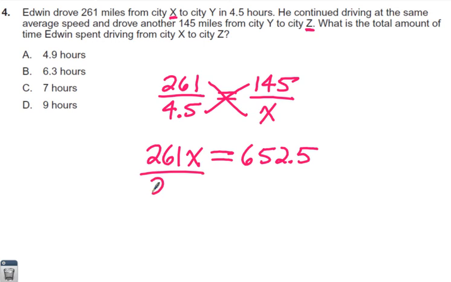Then we divide both sides by 261 to get X by itself, and that gets me 2.5. So X is 2.5, the number of hours it took to drive that 145 miles.